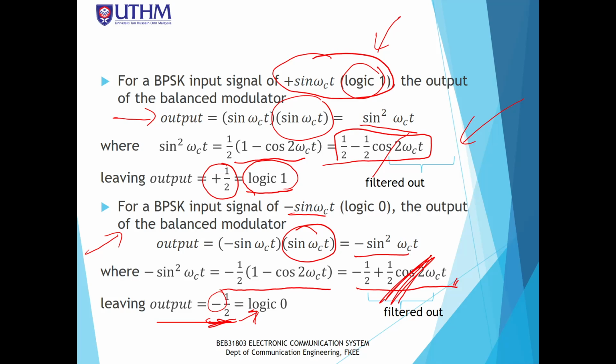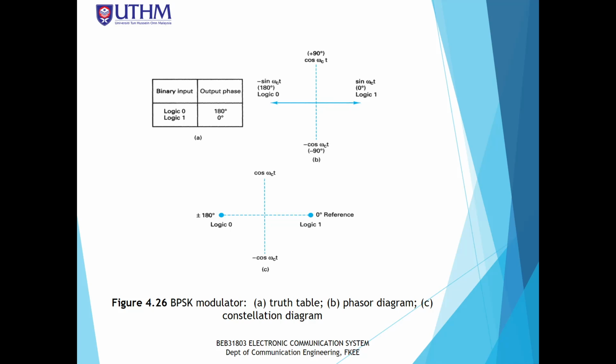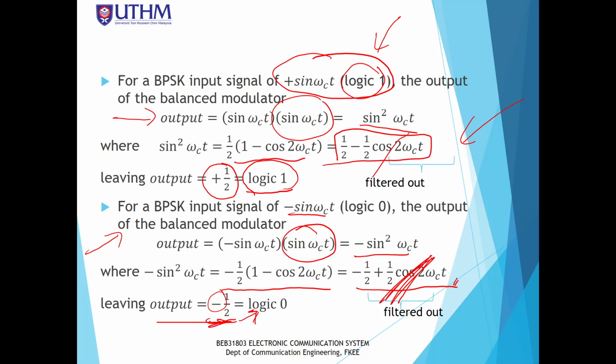Okay. So, kalau dia adalah sin ataupun negative sign, so berapakah outputnya?